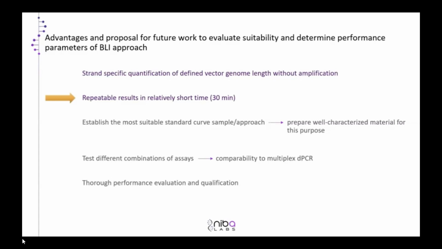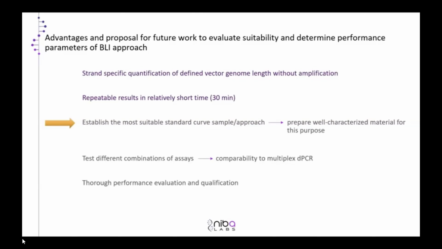But of course, there are still some things that need to be addressed with further experiments, like establishing the most suitable standard curve. What I've shown you before was the standard curve that was prepared based on the AAV sample, but we would like to take this assay further by preparing really a well-characterized material that could be used for different purposes and would give good information on all of the strands, so positive and negative strands.